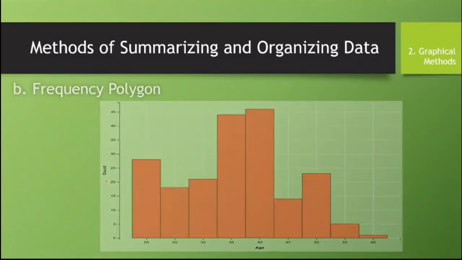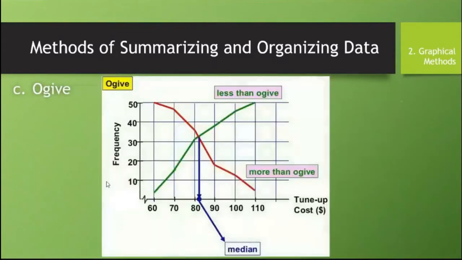The next one are ogives. Now we have two types of ogive, the greater than and the less than ogive. So what's the difference? In order to create the less than ogive, we have to refer to our less than cumulative frequency. Now, if you would recall, we have a less than cumulative frequency.